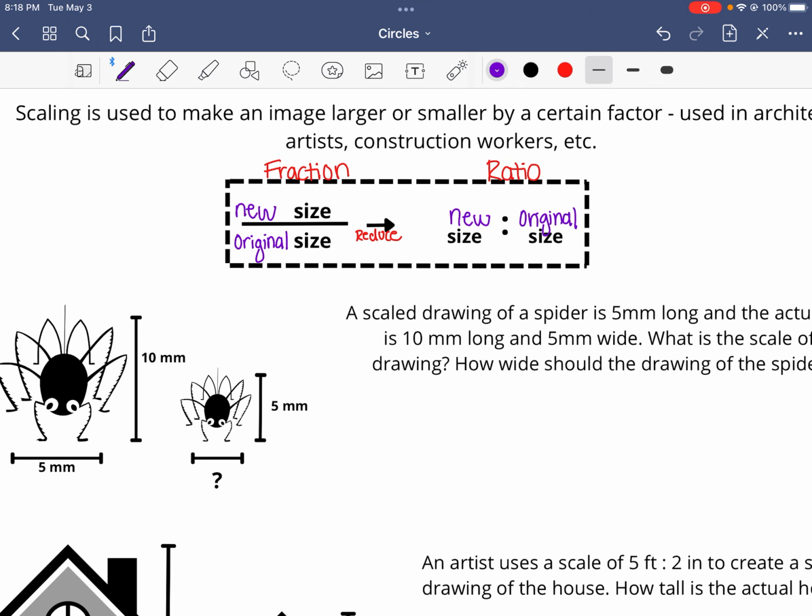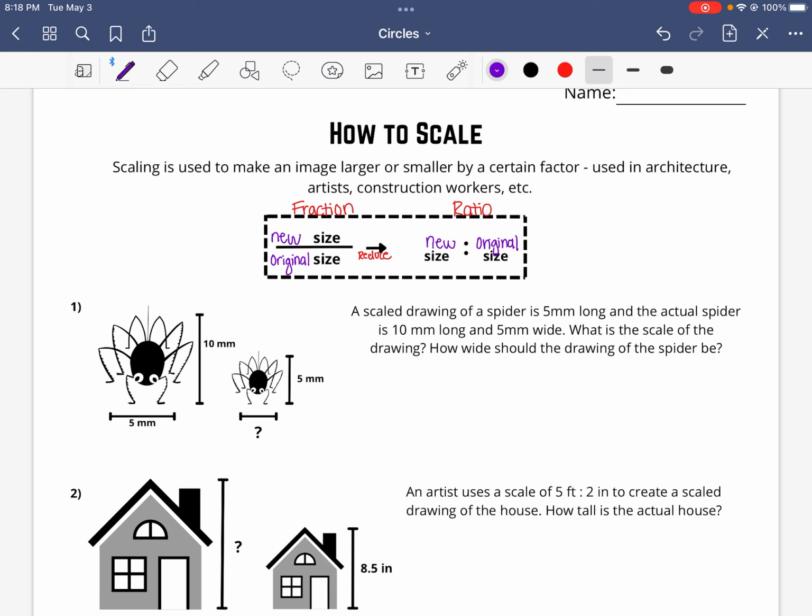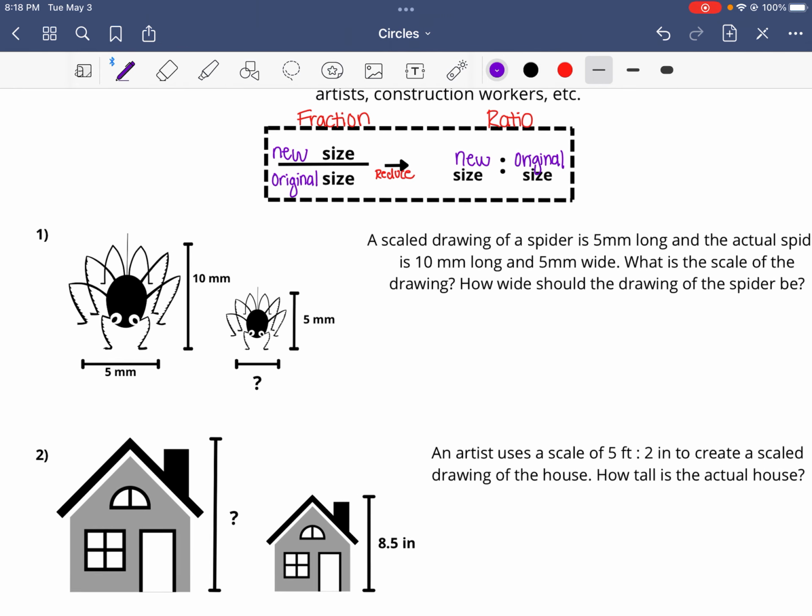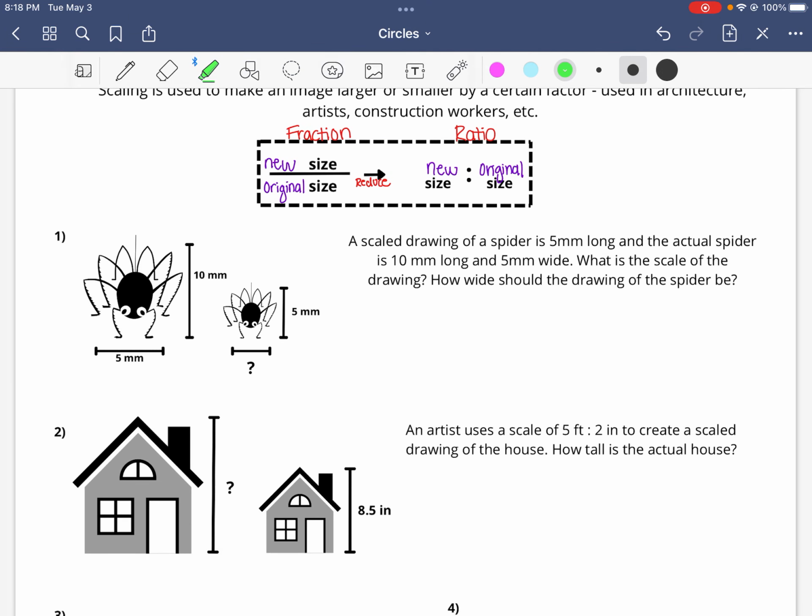So I'm going to go ahead and try this first problem with you guys. Right here, we have a scale drawing. So let me get my highlighter. A scale drawing of a spider is 5 millimeters long, and the actual spider is 10 millimeters long and 5 millimeters wide. What is the scale of the drawing, and how wide should the drawing of the spider be?